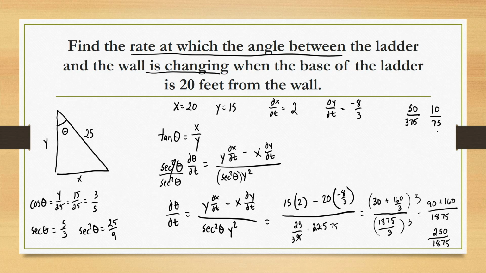Still divisible by 5, so 5 into 10 is 2, 5 into 75 is 15. We get 2/15. And since we're talking about the rate at which the angle is changing, we're talking about radians per second.